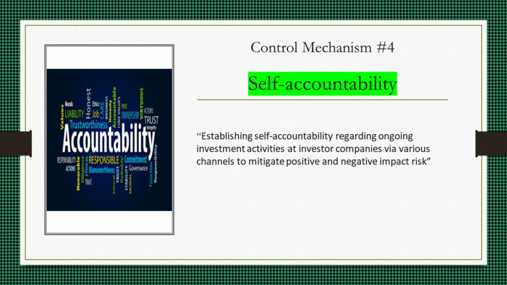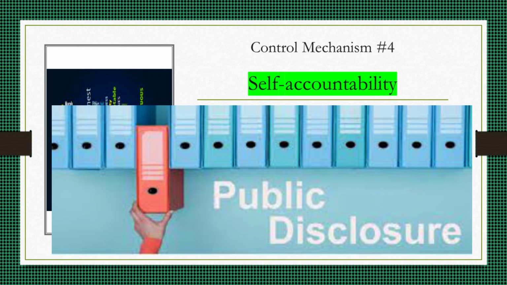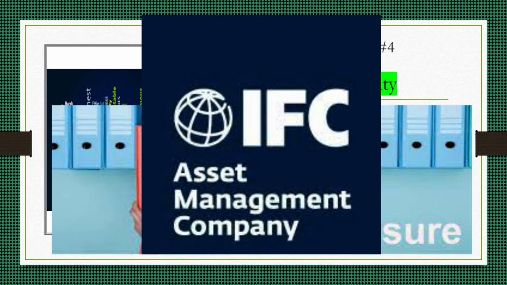Establishing self accountability by ensuring greater transparency of their investment management process via making public disclosures helps to reinforce public trust and expand investors' license to operate, as noted by IFC Asset Management Company. This also brings important discipline to the investor's overall investment management process in general and impact risk management process in particular.